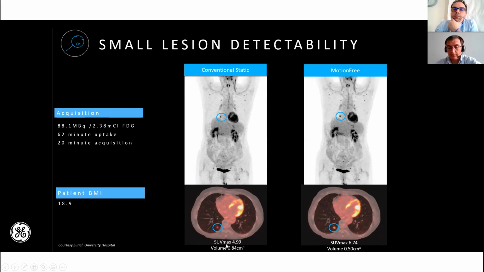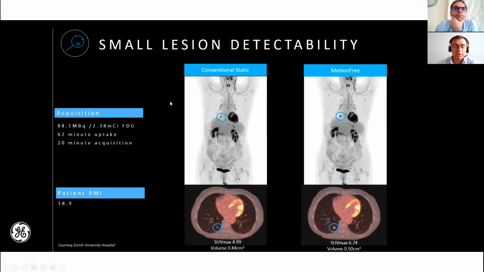Additionally, in this example, we could see improvement in terms of SUV max quantification from 5 to 6.74. So, huge improvement. And the same huge improvement for volume accuracy, because of blurring, lesions, especially small ones, look far bigger than they are in reality. And here with motion-free, there is a decrease in volume, and that is the predicted effect that we are expecting.